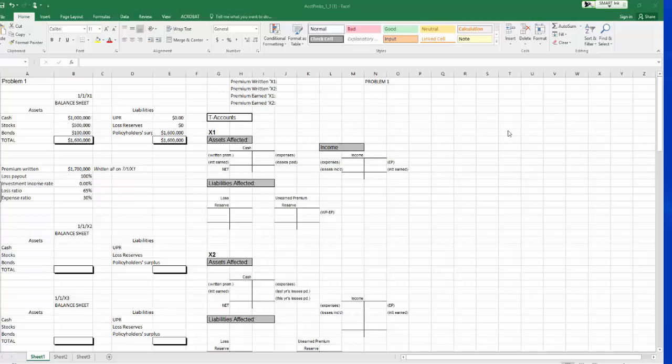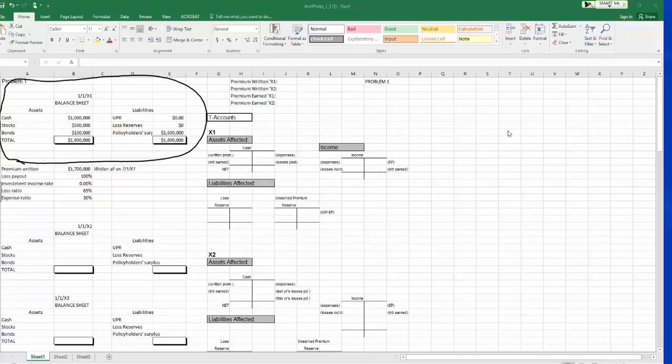What these insurance accounting problems do is they show how the operations of an insurance company actually affect a simplified balance sheet. As we discussed in the accounting and financial statements video, these are the major accounts that an insurance company has. So this is the balance sheet at the very beginning of this insurance company's operations.